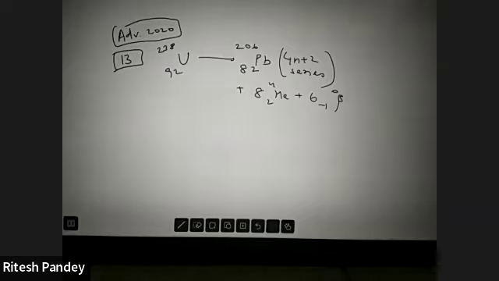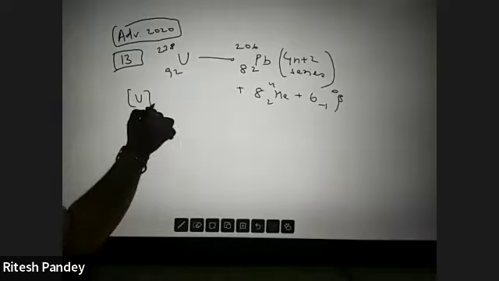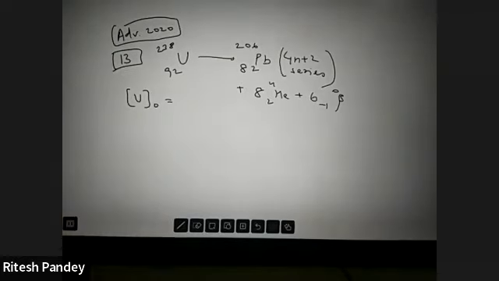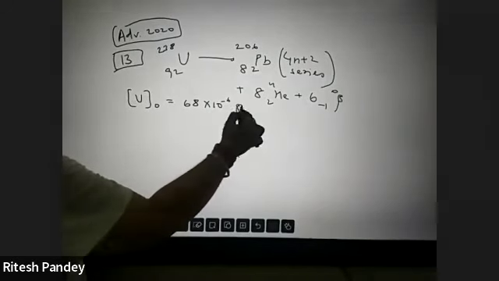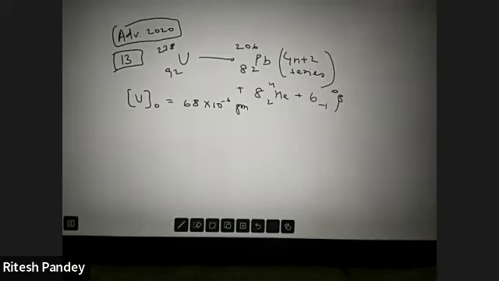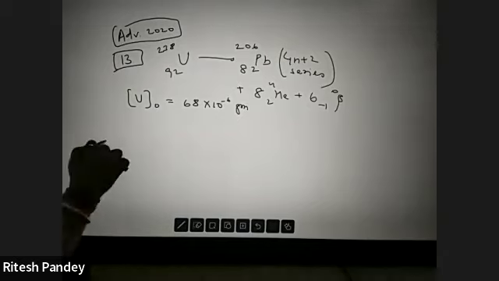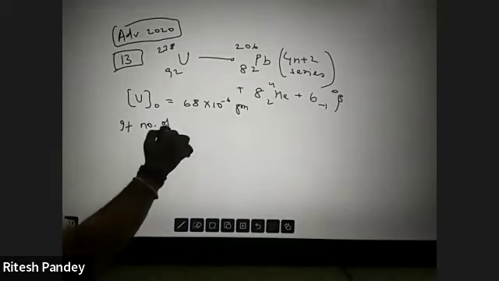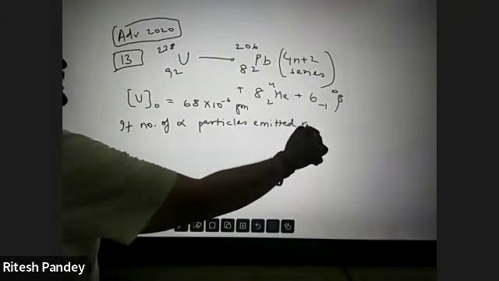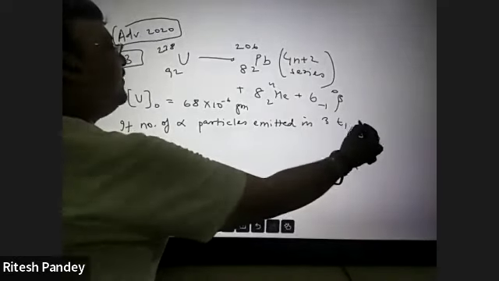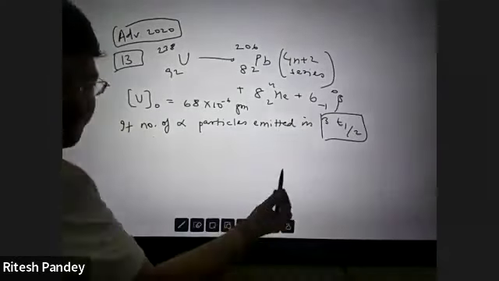A rock initially contains uranium which is 68 into 10 to the power minus 6 gram. So it says at time t equal to 0 there is 68 into 10 to the power minus 6 gram of uranium. And if the number of alpha particles emitted during its radioactive decay to lead in 3 half-lives is Z into 10 to the power 18, what is the value of Z? Now this 3 t half is important.